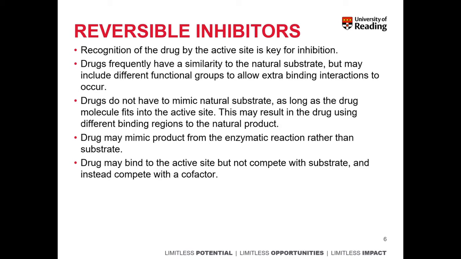We can use the natural substrate as a guide to give us an idea of what functional groups we need and where we need to put them. But we can also make lots of changes to those groups, and we can exploit either the chemical groups that the substrate exploits, or we could exploit different ones. Really, this would require an extensive testing process to work out what the optimal groups are and what the best arrangement of those groups on the molecule is.